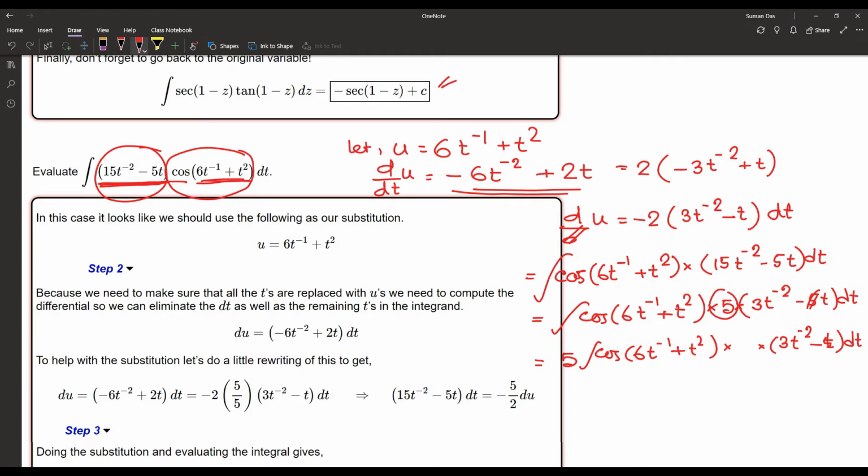So for the du we have -2 once again to be multiplied, so we are multiplying and dividing by -2 here.